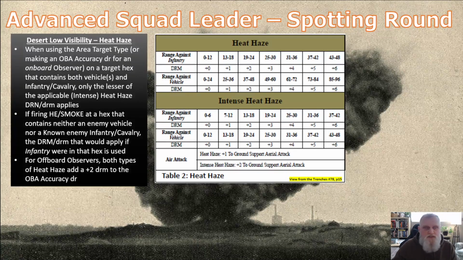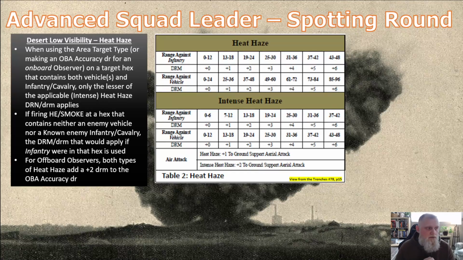Interestingly, when it comes to shooting on the area target type, you actually get a benefit that if you have mixed targets, so if you have vehicles mixed with infantry, for example, a tank and an entrenched infantry, say at 20 hex range, you would get to use the best die roll modifier. So in this case, the vehicle at 20 hex range would be a +0, as opposed to the infantry, which would be a +2.